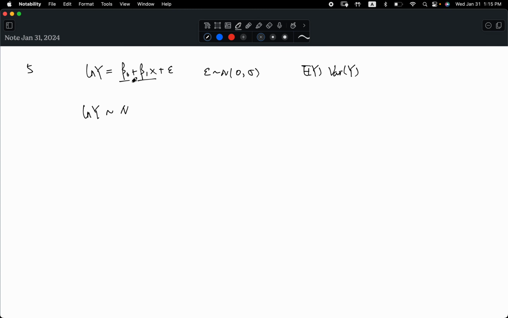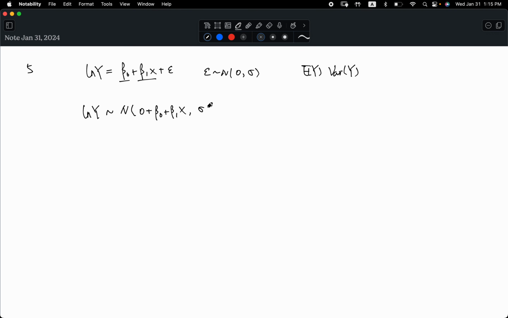So we are basically just shifting the random variable epsilon by this amount, shifting away from 0. The new mean is just beta 0 plus beta 1 x, and if you want, plus 0. We do not have a scaling factor on this new random variable here.